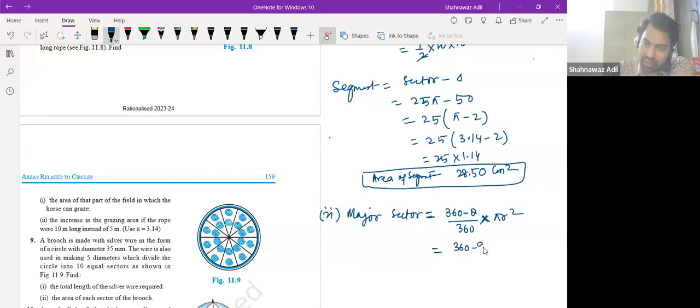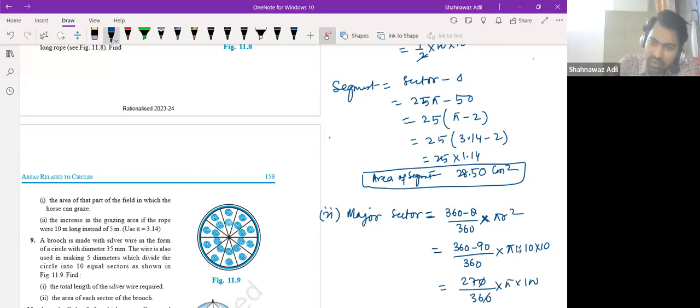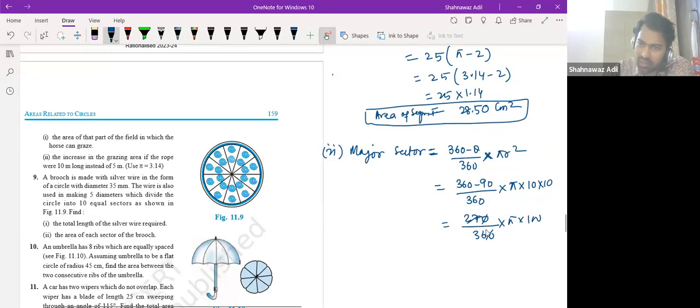So this is 360 minus 90 by 360 into pi, and r is 10. So this is 270 divided by 360 into pi into 100. So 3 by 4 into 100, which is 75 pi, which is 75 into 3.14.